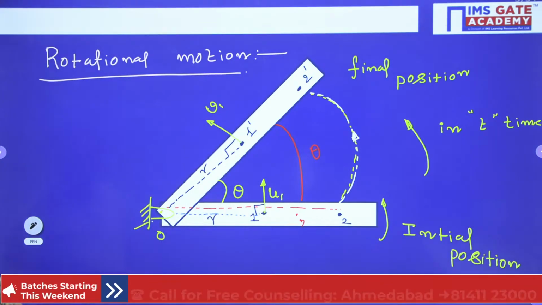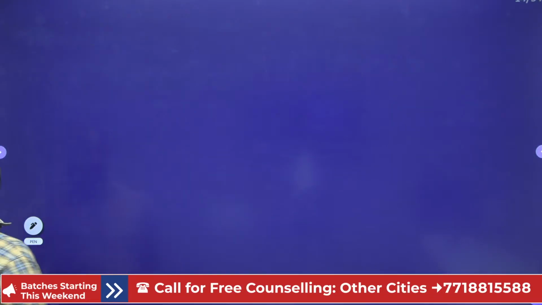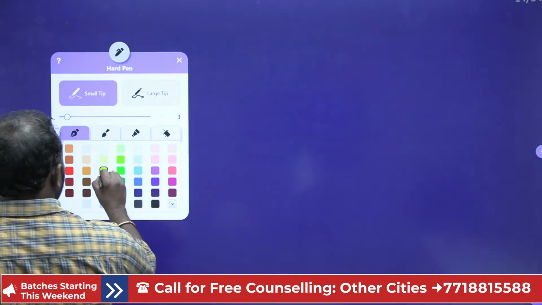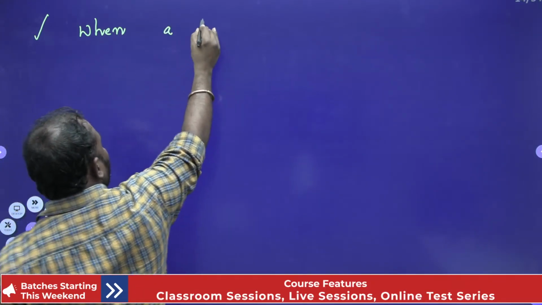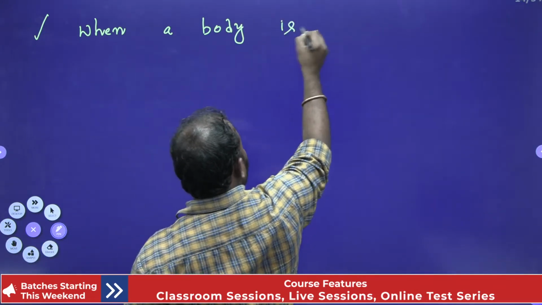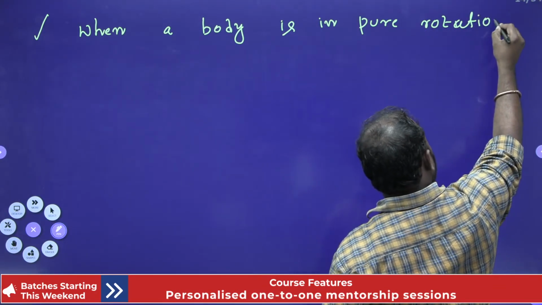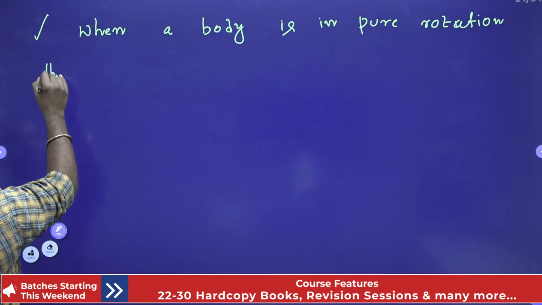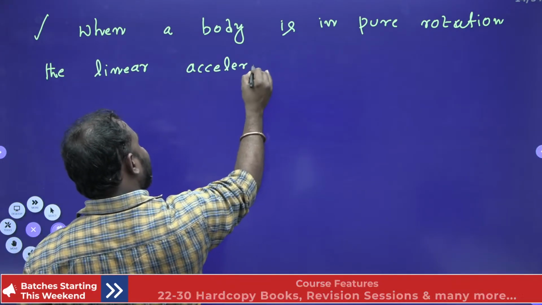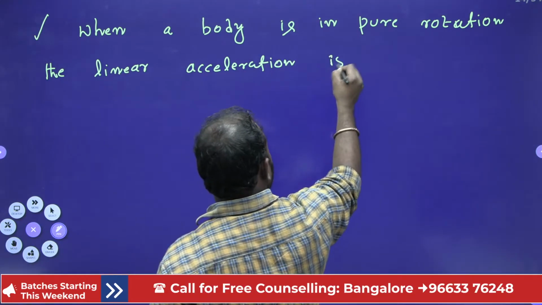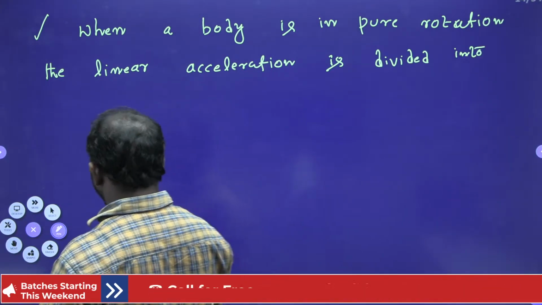Now when the body is in pure rotation, the linear acceleration is divided into two components.